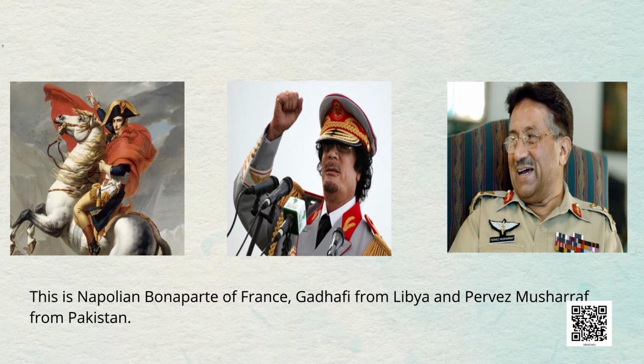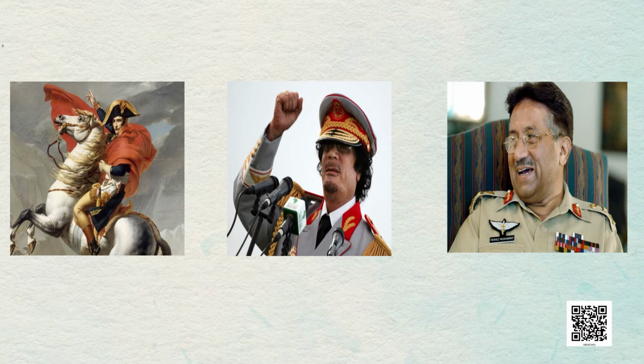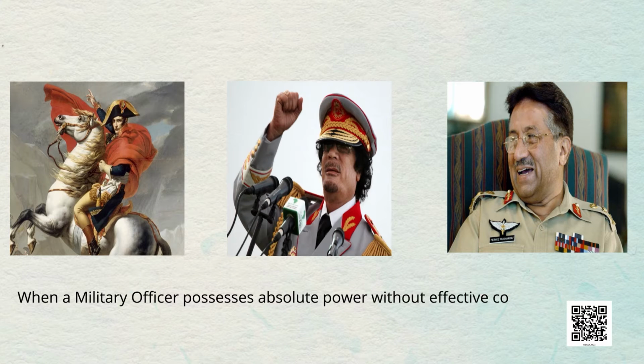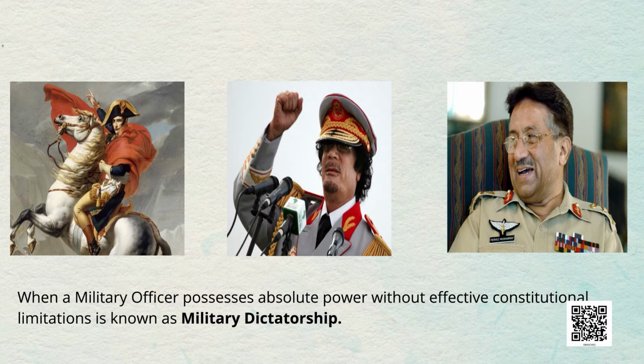They also ruled against the will of the people of their countries by taking undue advantage of their positions in the military and exercising influence over policy. When a military officer possesses absolute power without effective constitutional limitation, it is known as military dictatorship.